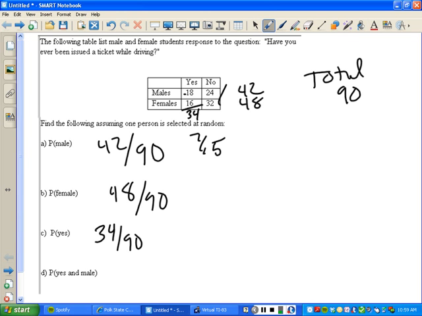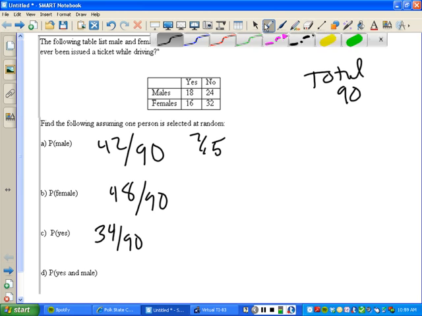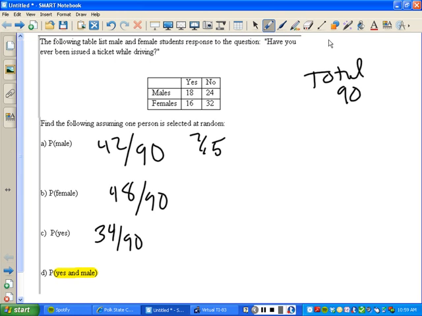Probability of getting yes and male. Now, this is where it starts getting confusing for people. It's got to be yes and it's got to be a male. As you look at this chart, which of these is yes and a male? This one. That's the only one that's yes and male.